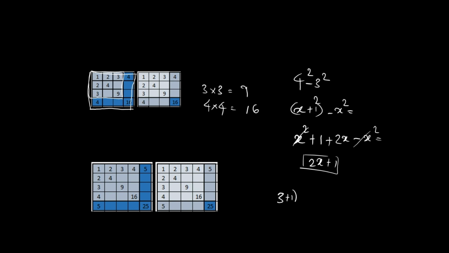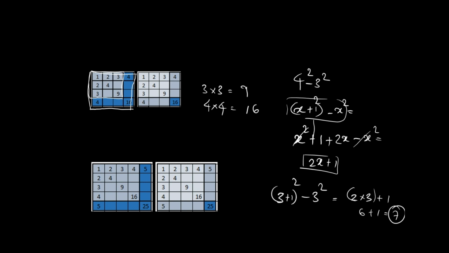As per this formula, it should be 2x plus 1. Here x is 3, so that is 2 times 3 plus 1. So 6 plus 1 is 7.